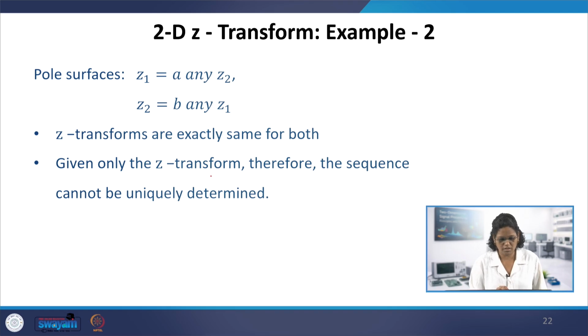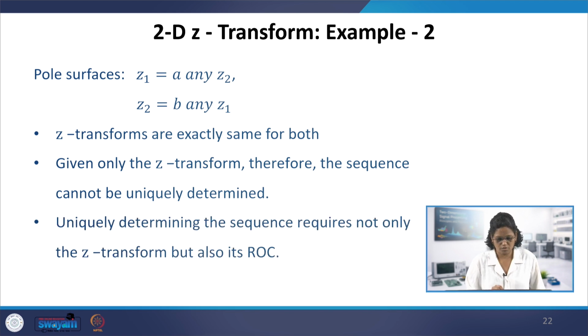In the first case it was z1 greater than a and z2 greater than b, and in this case z1 less than a and z2 greater than b. Unless the ROC is specified, we cannot find the unique inverse. So the ROC needs to be defined for the Z transform, otherwise two different sequences can have the same Z transform, as we did in the 1D as well as in 2D cases.